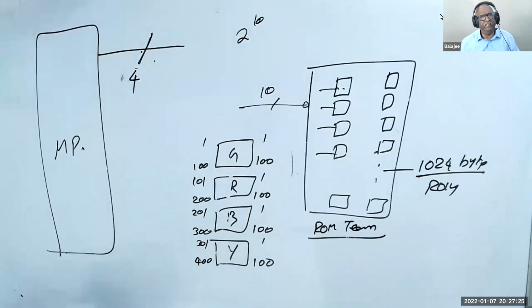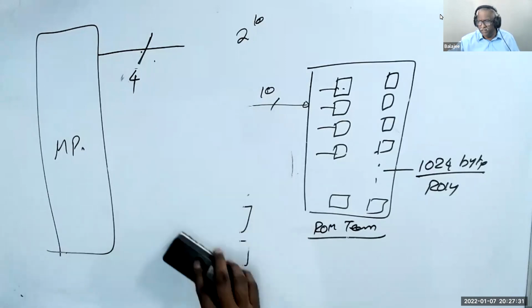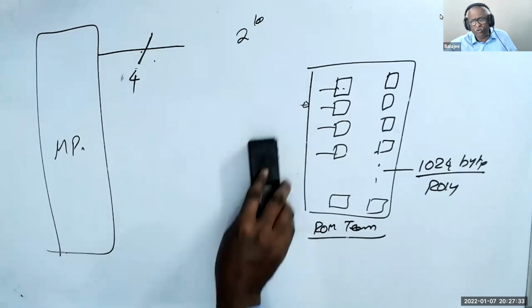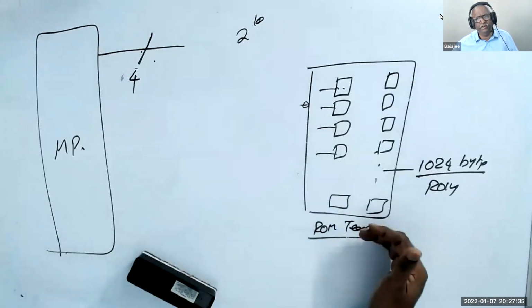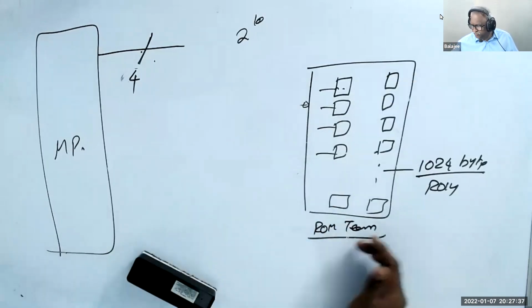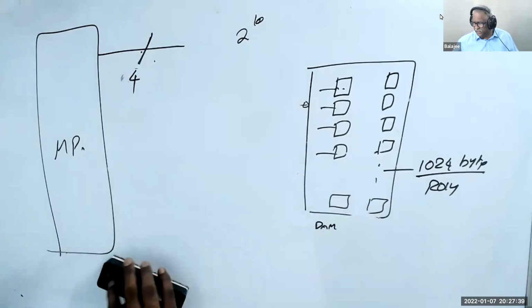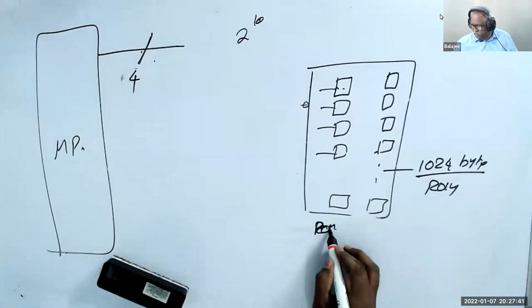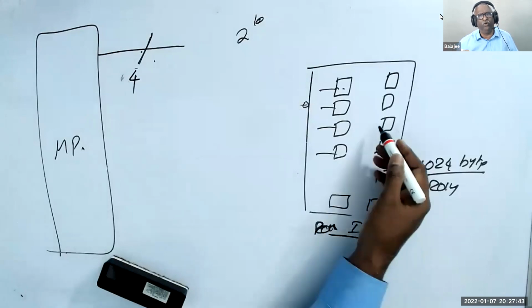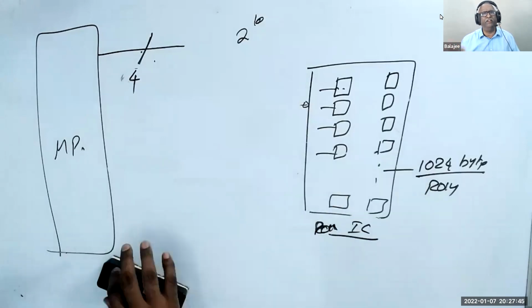You understood easily because you deal with the notebook daily. You don't have any doubt here. Here also same thing. What happened? I have a notebook or a ROM memory or ROM IC, which has 1024. I can have any number.